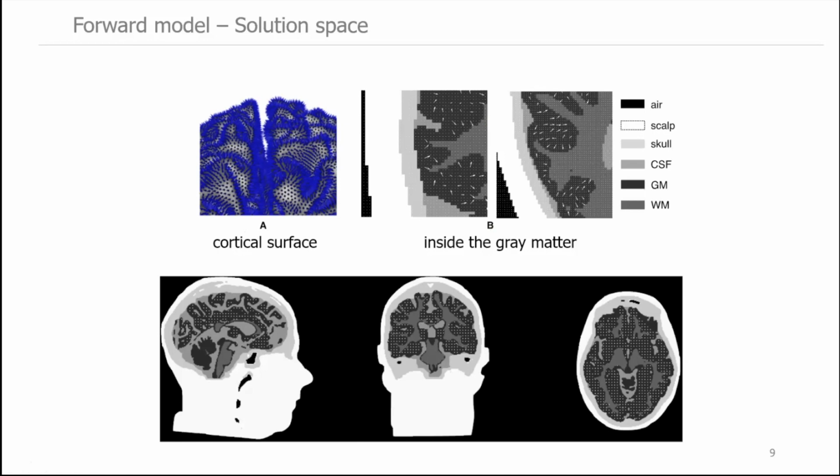That's because we know that the pyramidal cells have their orientation perpendicular to the cortical surface. So you can estimate this, given the segmentation of the gray and the white matter.